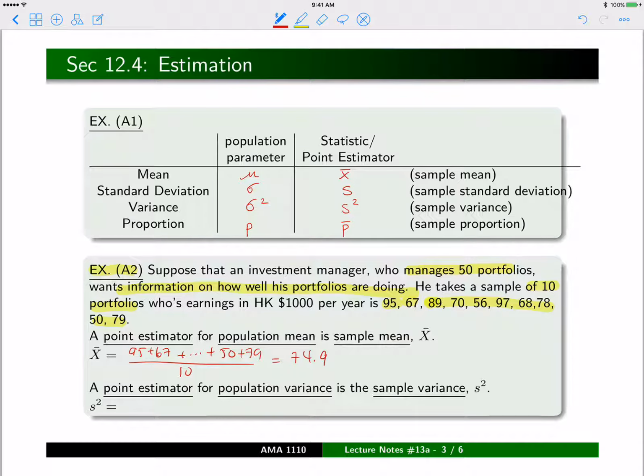To compute the sample standard deviation, we use that formula: summation of xi squared minus n x bar squared, over n minus 1, so 95 squared all the way to 79 squared, minus the mean 74.9 squared terms, divided by 10 minus 1.